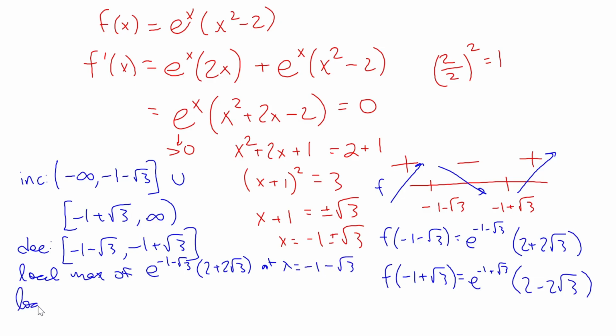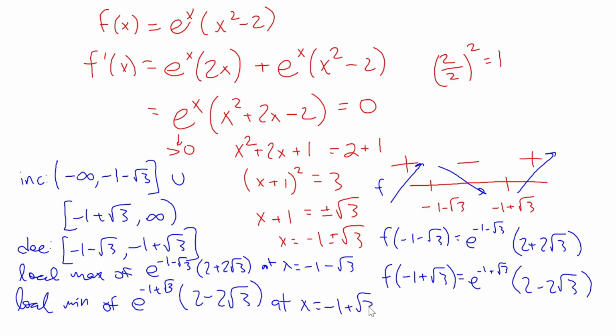And we have a local min of, what do we have? We have e to the negative 1 plus root 3 times 2 minus 2 root 3 at x equals negative 1 plus root 3. And so we would just approximate those values to plot those points on our graph.